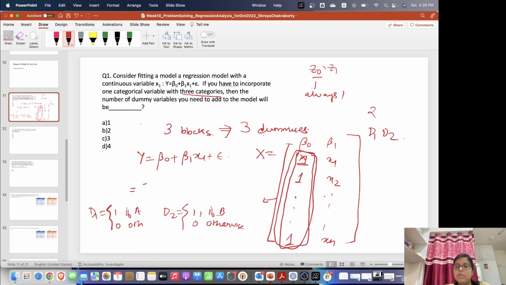Then the d1 d2 combination 1 0 would mean category A, 0 1 would mean category B, and 0 0 would mean category C. So by the use of two dummy variables, we are able to model this. One is accounted for by the intercept term, so additionally we need to add 2. So the answer is 2.